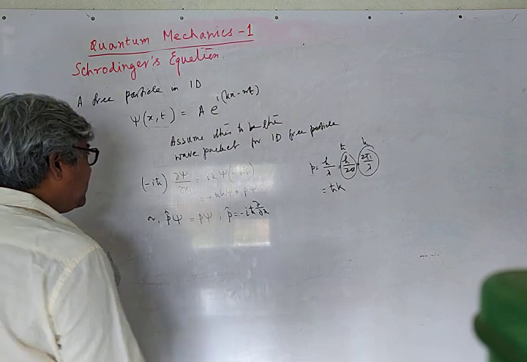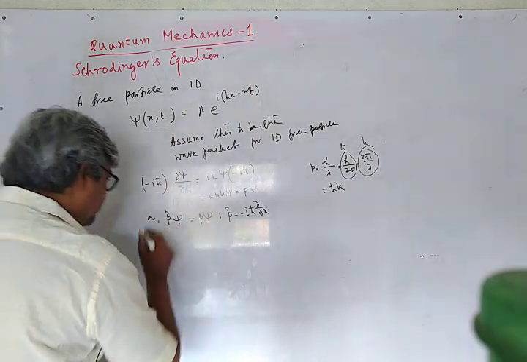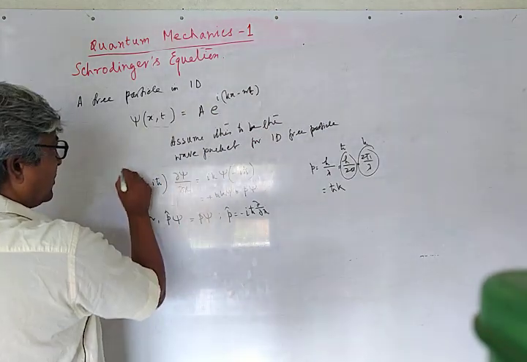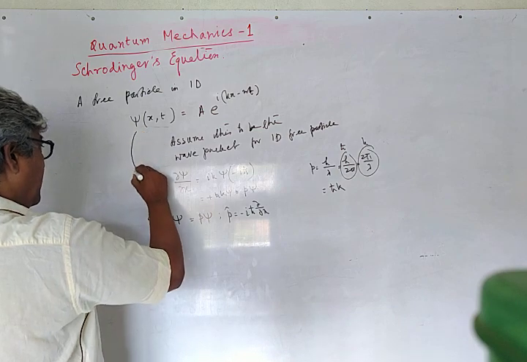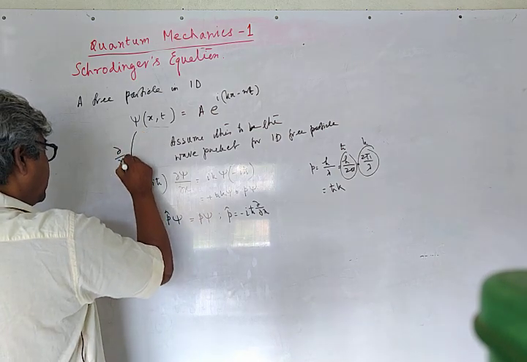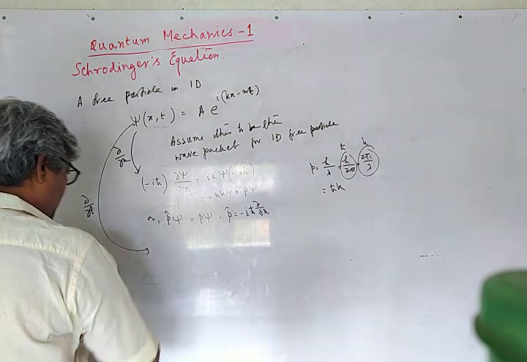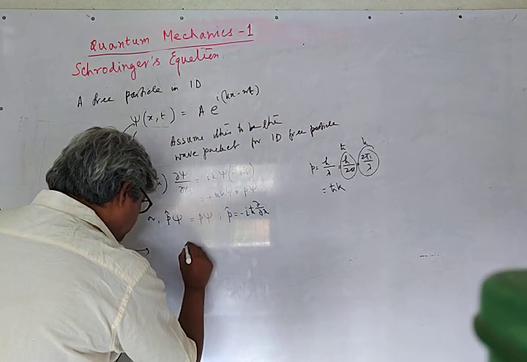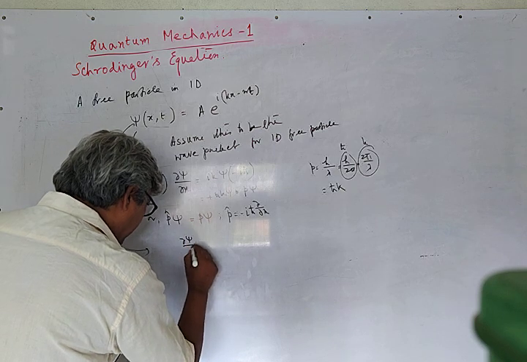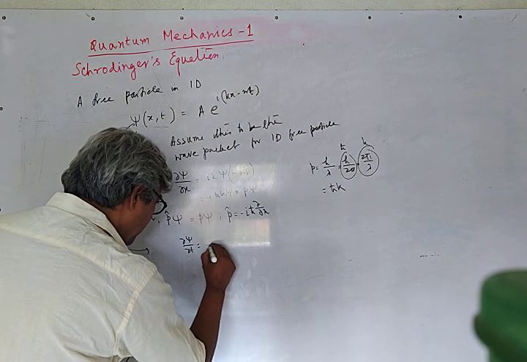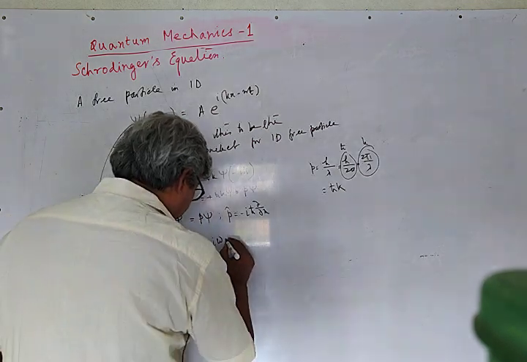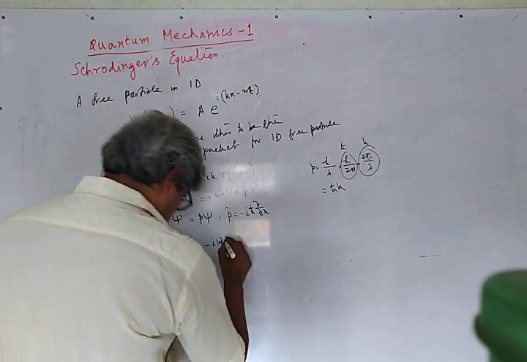Similarly, if we differentiate this expression with respect to time, so here we had the del x operation, and if we do the del t operation, we get del psi del t equals minus i omega psi.